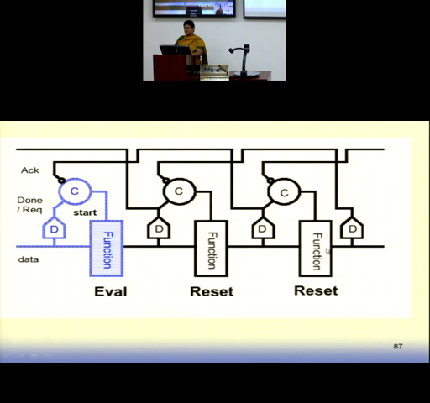We get a data process, and the data moves to the next stage. So this is evaluation, this is reset, still reset. Now in the next cycle, this will come to evaluation, and this will come to the hold mode.